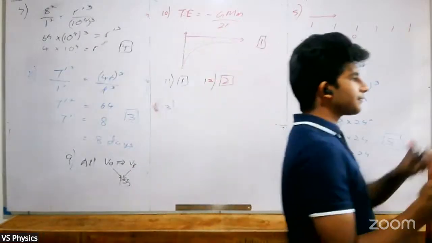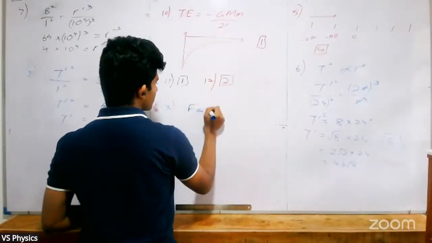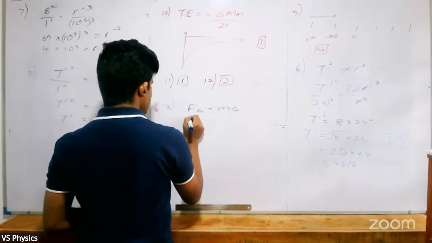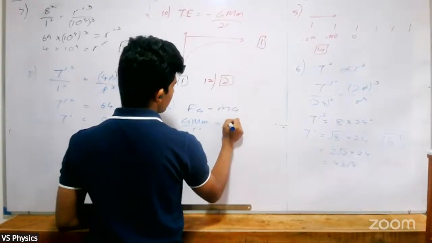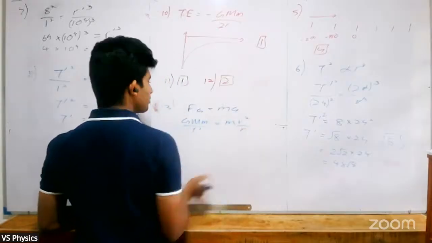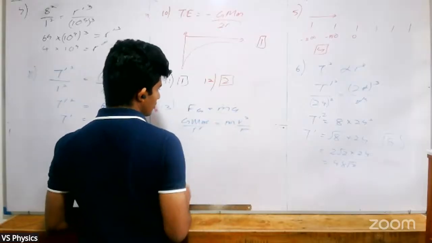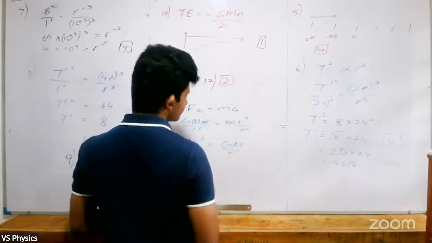we can say gravitational force is equal to centripetal force, so ma. The gravitational force we can write as GMm over r squared is equal to mv squared over r. This is what they are talking about. R can get cancelled off, m can get cancelled off. We are left with v squared is equal to GM over r.